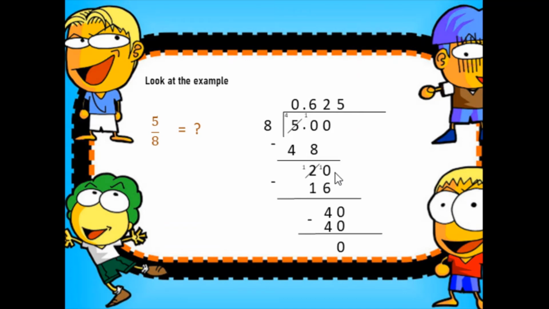So, we add 0. 20 divided by 8 is 2, 2 times 8 is 16. 20 minus 16 is 4. 4 and 8 cannot be divided, so add another 0. 40 divided by 8 can already, so we have 5. 5 times 8 is 40. 40 minus 40 is equal to 0. Therefore, our decimal form for 5/8 is 0.625.